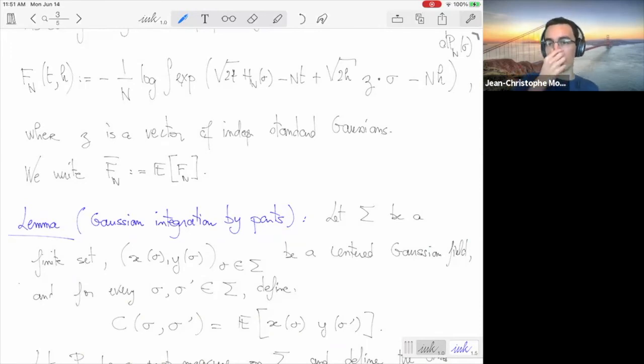There's a question about whether we can add some correlations between the Jij. In the two models I described, they are independent and identically distributed. But yes, you can definitely put correlations.